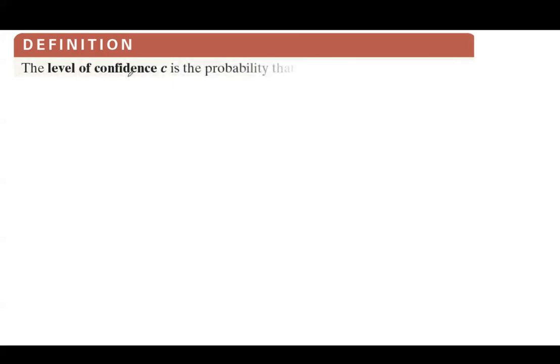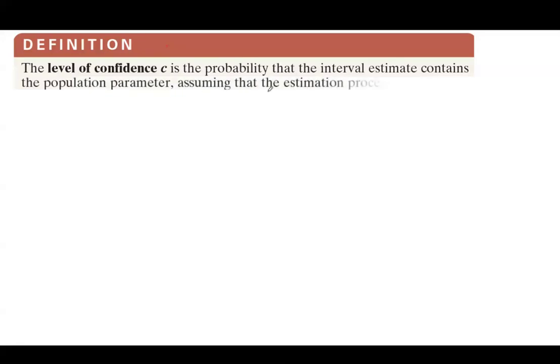We need more definitions and more terminology. For example, what is a level of confidence c? Level of confidence c is the probability that the interval estimate contains the population parameter, assuming that the estimation process is repeated a large number of times.